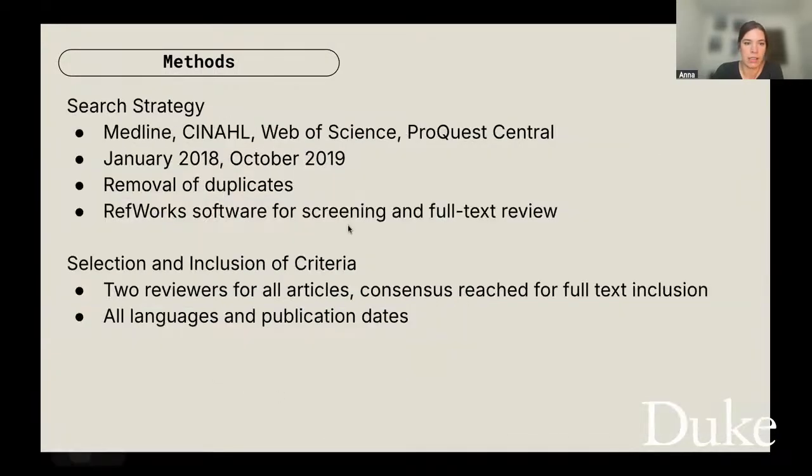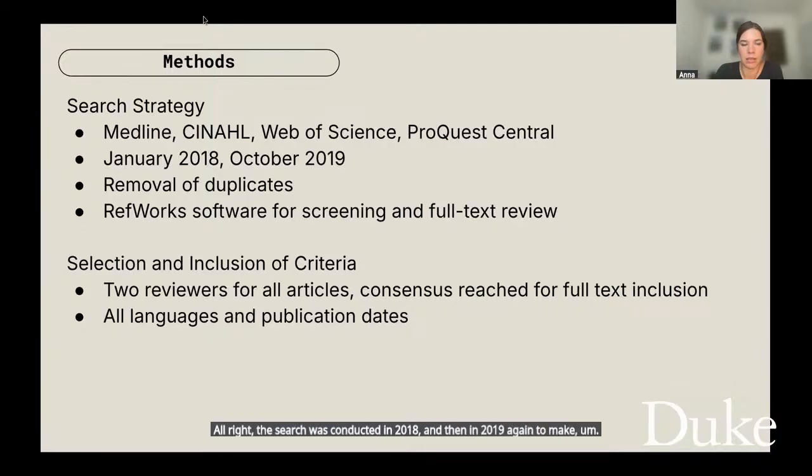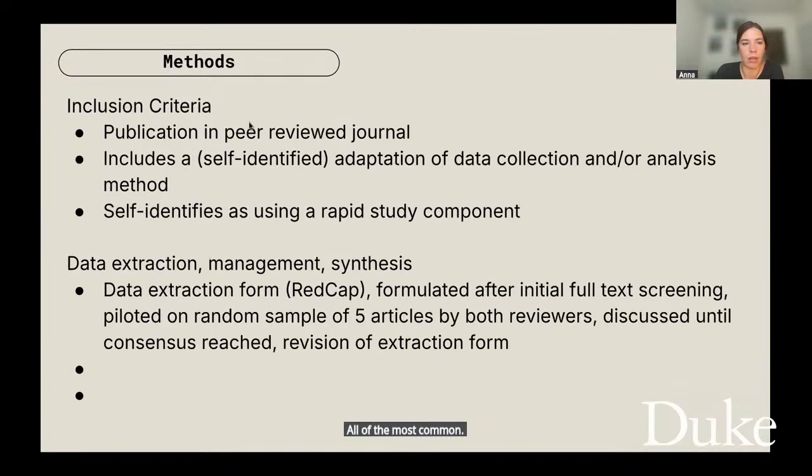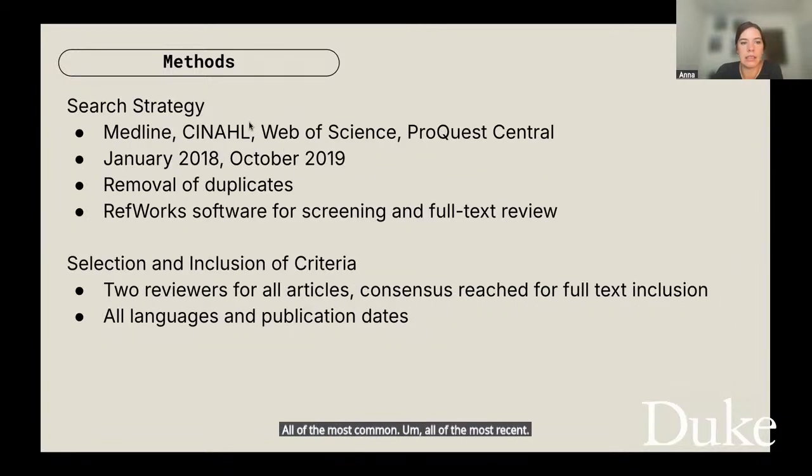All right. The search was conducted in 2018 and then again in 2019 to make sure that they included all of the most recent articles. Duplicates were reviewed, and they used RefWorks as software for the screening and full text review. They had two reviewers going through all the titles, abstracts, and then full text, and a consensus had to be reached to be included in the full text.